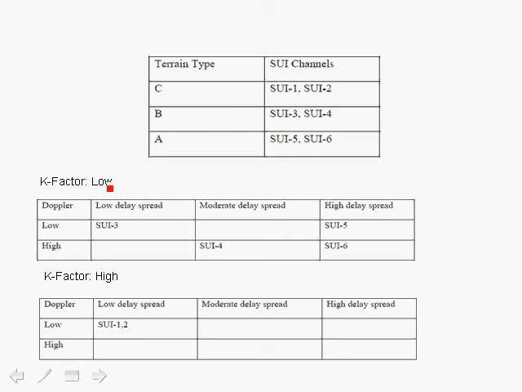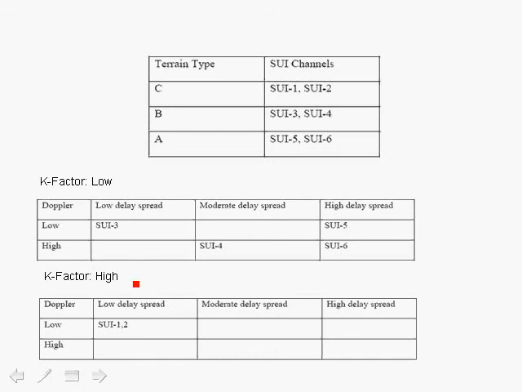Also, we'll discuss the K factor. When you have a K factor that is low, you're dealing with mainly non-line of sight type situations where the CPE or subscriber station does not have a line of sight directly to the base station antenna, and most of the signal that is received is due to multipath and scattering.